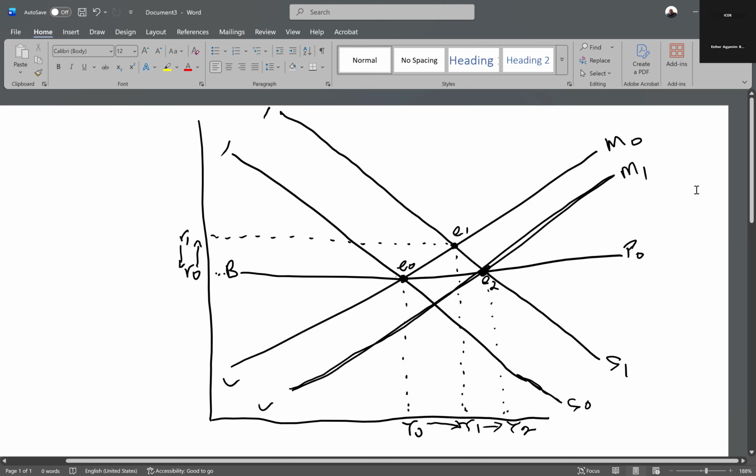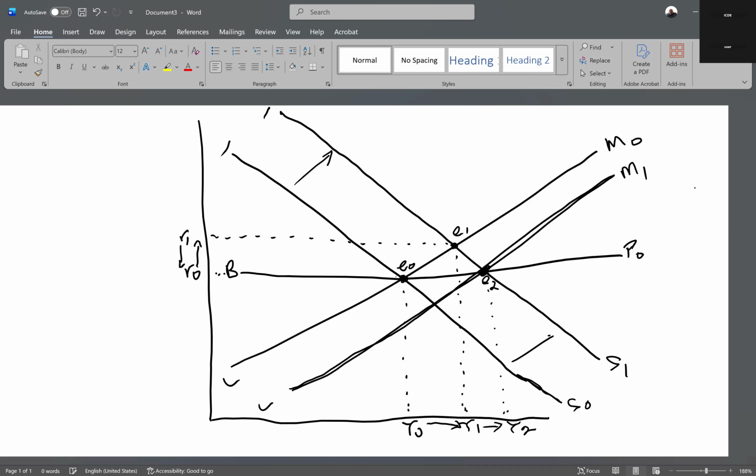Yes, Prof. So we are saying fiscal policy shifts the IS curve from IS0 to IS1, where we were at E1. E1 was a balance of payment surplus, which means excess supply of foreign exchange. The central bank will have to buy off the excess supply of foreign exchange.